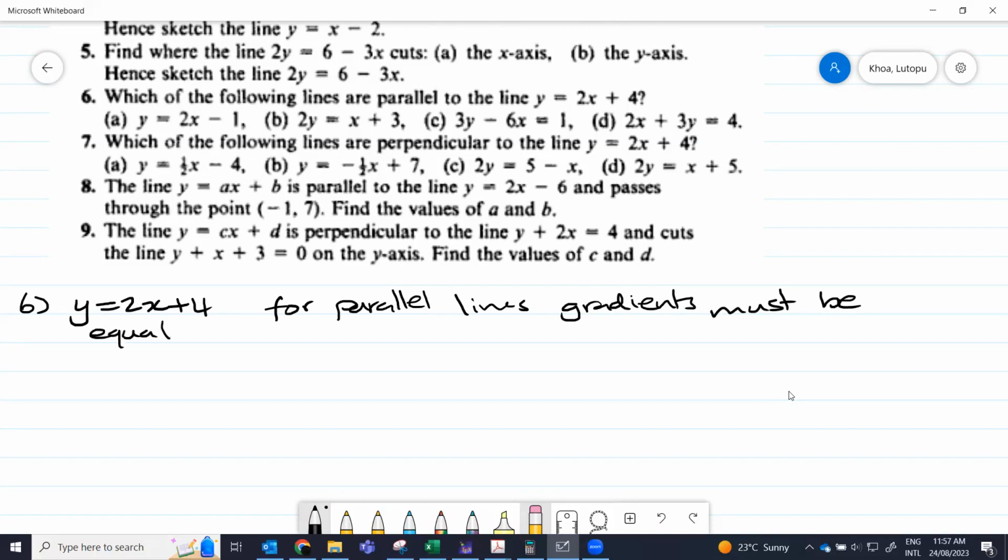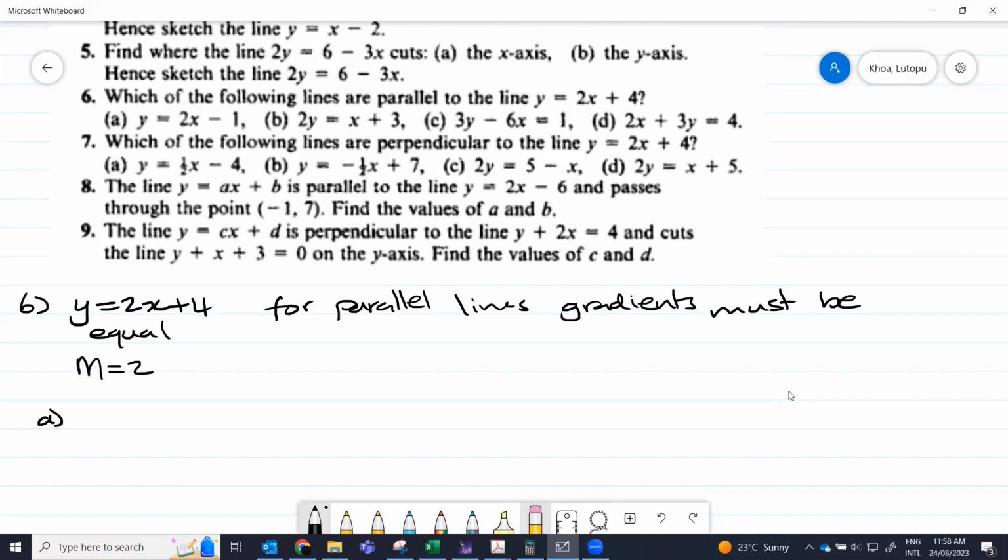So we need to check each of the options from A to D, which of them has a gradient that is the same as our line. So first of all, we need to know what our gradient is. Because it's in standard form, we can see that the gradient is 2. So we're looking for lines with a gradient of 2.